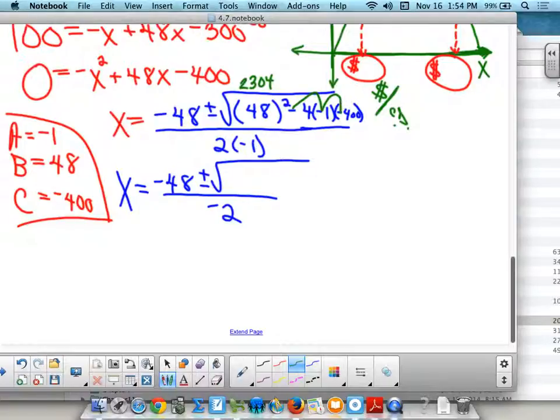Makes a negative. What's 4 times 1 times 400? 1,600. Take it away from 2,304. 704. That is where 90% of the students who get this wrong get it wrong. They don't get 704. They get something else.